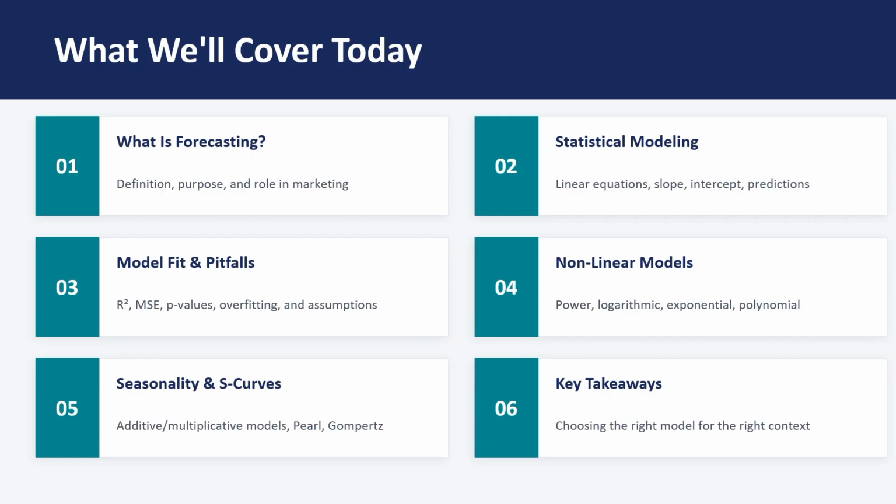From there, we will look at what happens when the data does not follow a straight line, that is, our nonlinear model sections. We will then tackle seasonality, which trips up a lot of forecasters, and finish with S-curves, which are especially powerful for understanding product adoption. We will close with a summary slide and a decision guide you can use when choosing a model in your own projects.